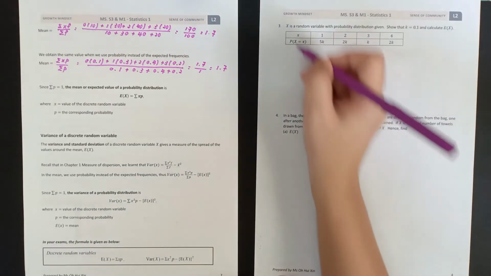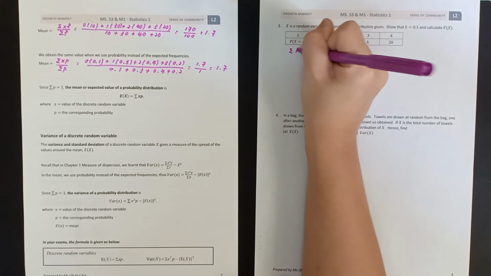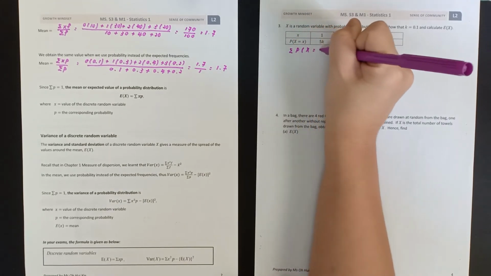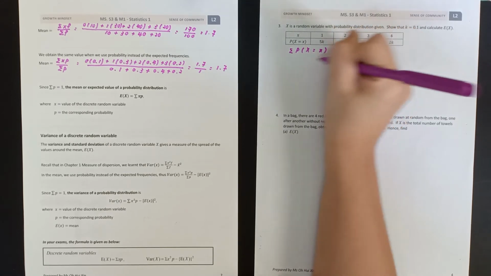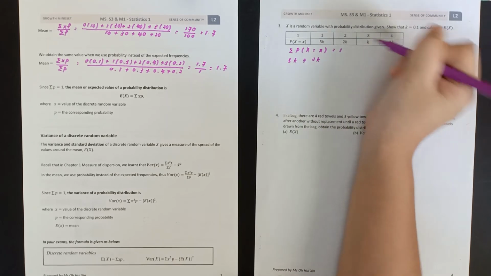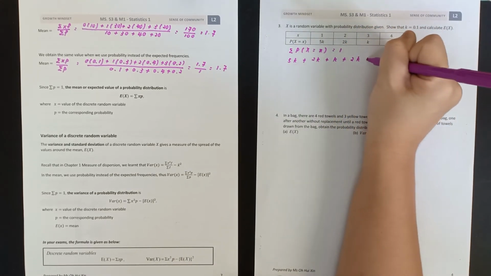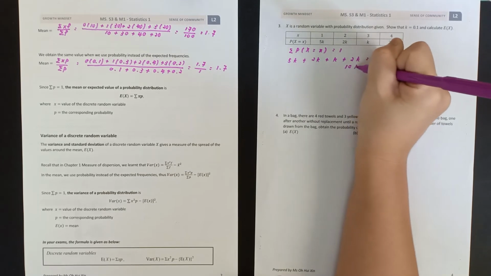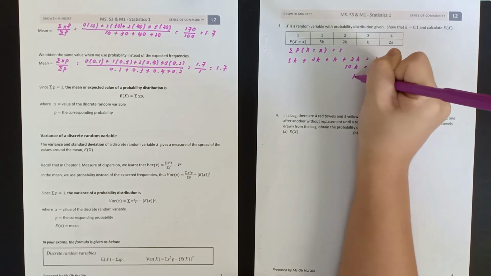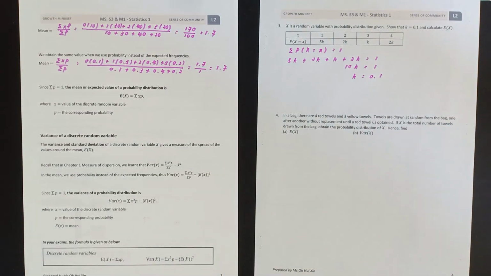Use the characteristic that the sum of the probabilities must equal 1. So 5k + 2k + k + 2k = 1, so 10k = 1, so k equals 0.1. So you have already shown it.